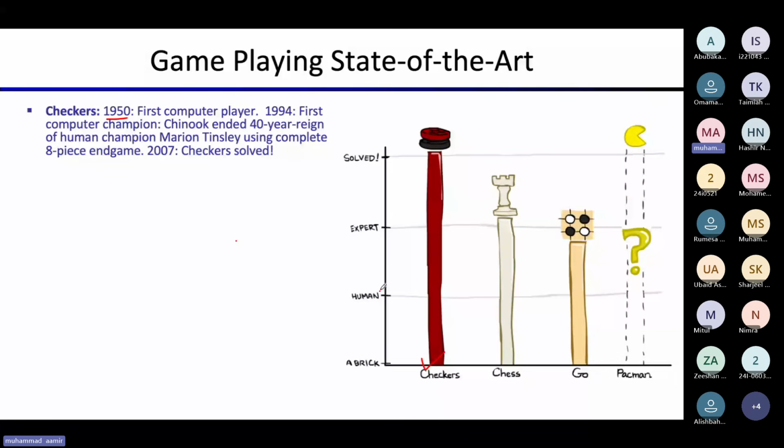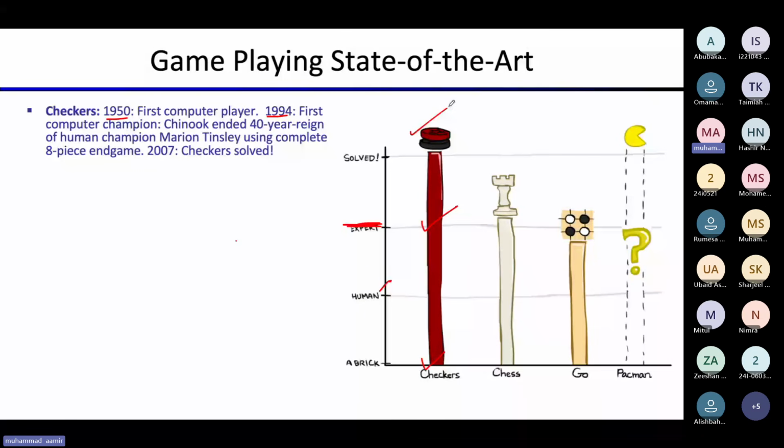But in 1994, the computer player actually became more expert than the human. So we call it the expert level in 1994. Chinook candidate: the 40-year reign of human champion Marion Tinsley, using a template 8-piece endgame. And in 2007, checkers was completely solved.